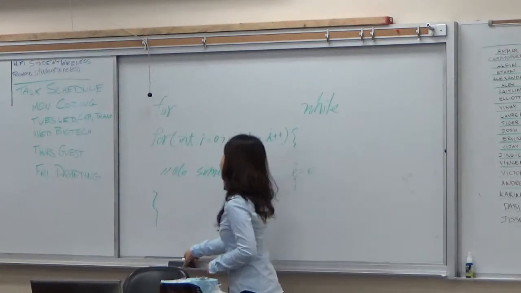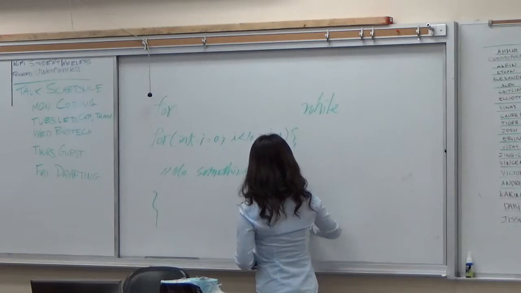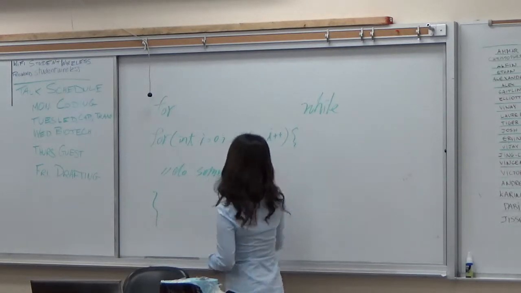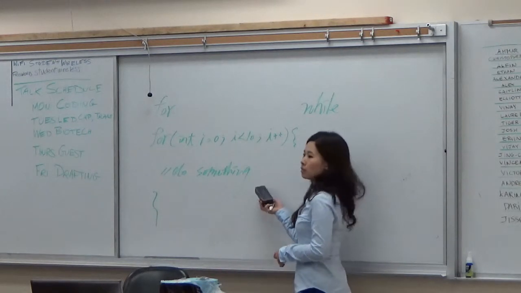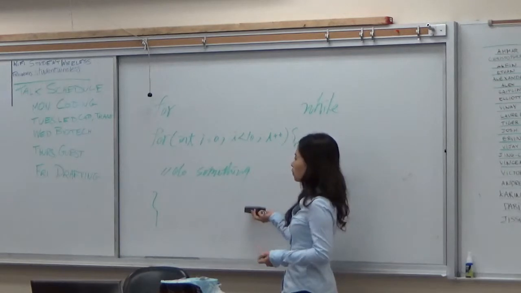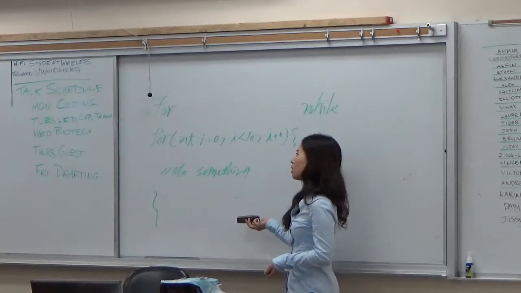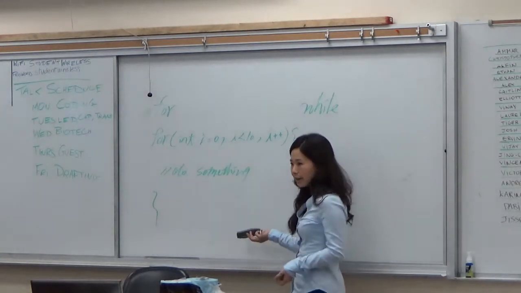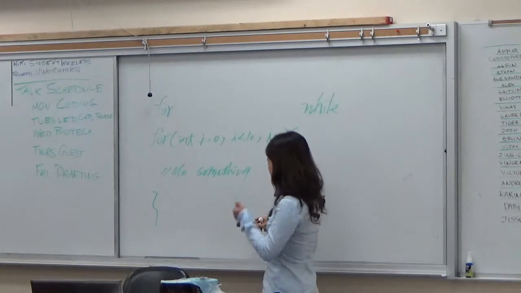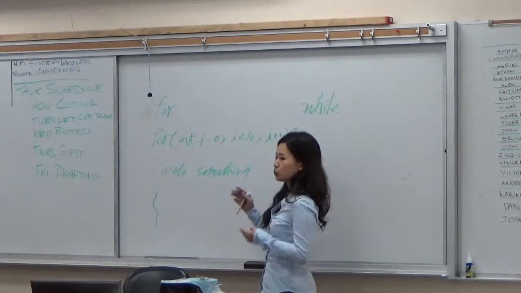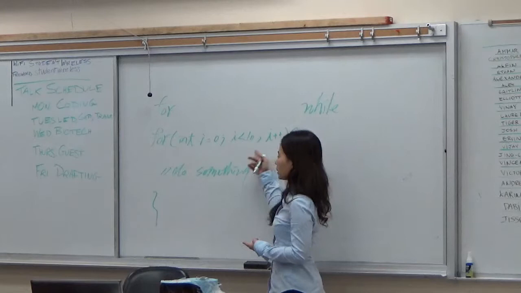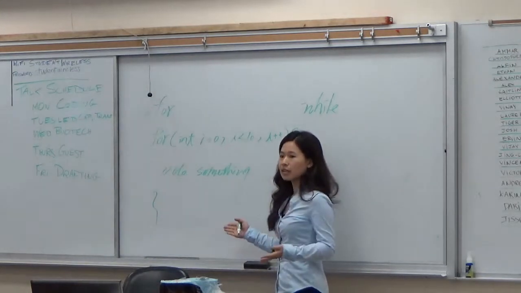Yes, that's it, right? So it depends what you want to do in the brackets. You can do anything with i or without i, and if you do it without i, you just repeat the same thing like 10 times.